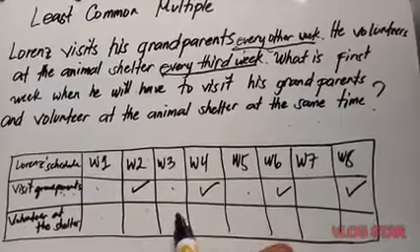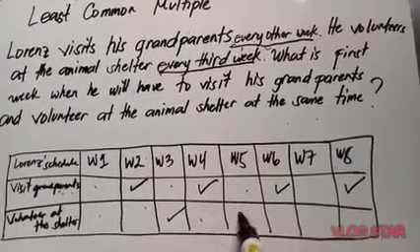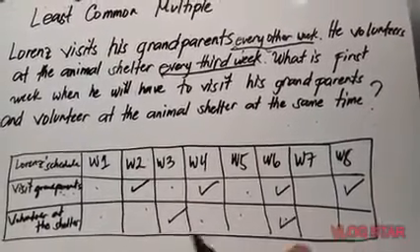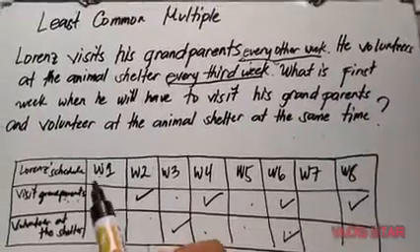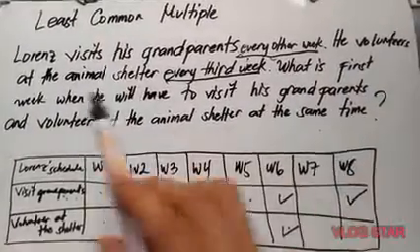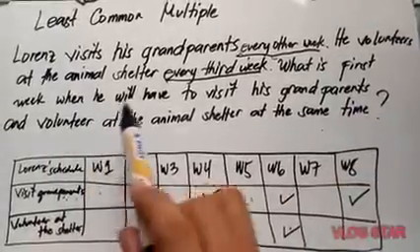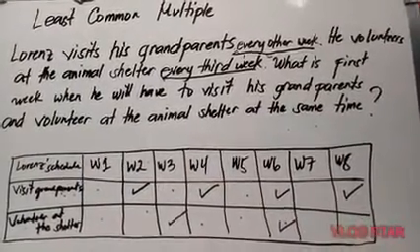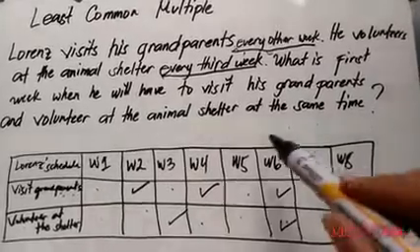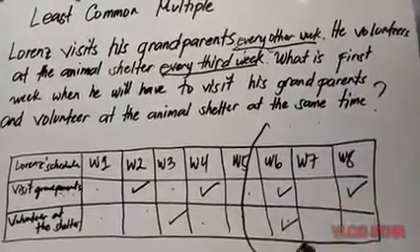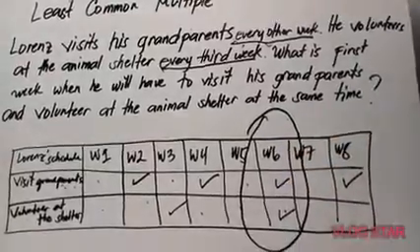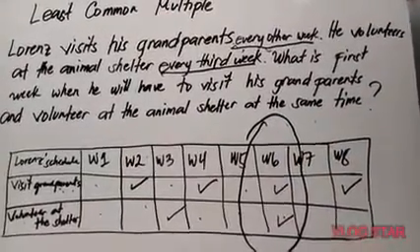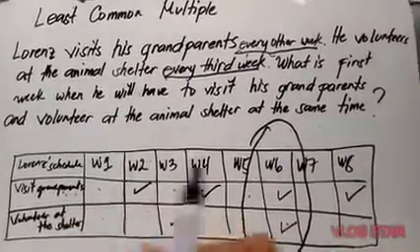So 1, 2, 3, check. 1, 2, 3, check. So this is the table where we can see what is the first week that he will have to visit his grandparents and volunteer at the animal shelter. We can see that it will happen in week 6. So that's how we solve it using this table.